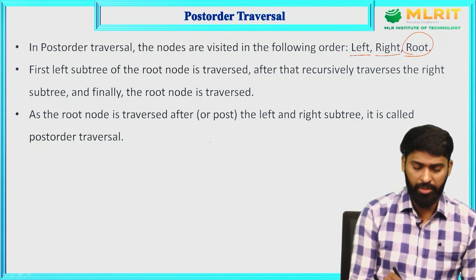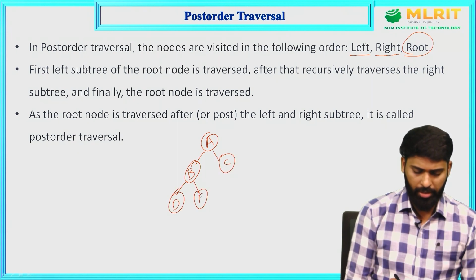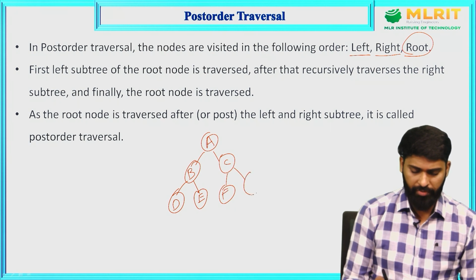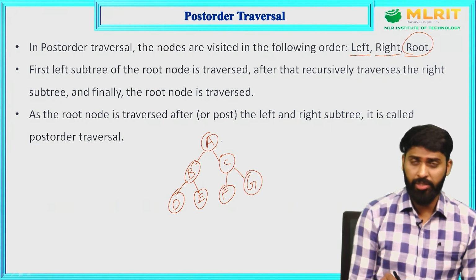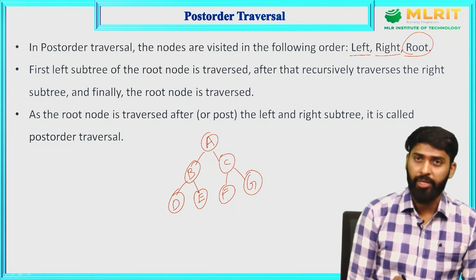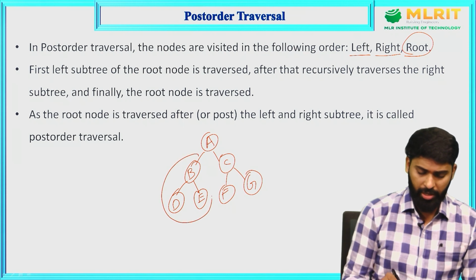So, consider this A, B, C, D, E, F, G. What is the post-order traversal here? First we visit the left side, B. Root is A, and this is the left subtree.